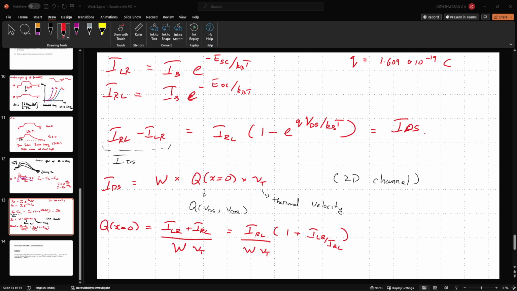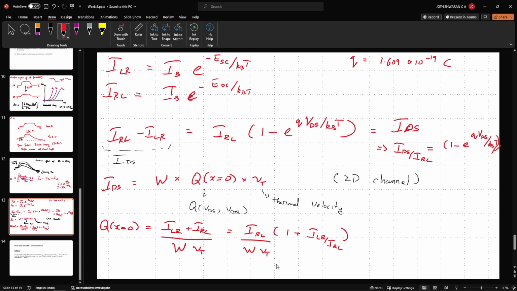But before doing that, what I can see from here is, this implies IDS by IRL is equal to 1 minus exponential QVDS divided by KBT. So this we can get directly from here.